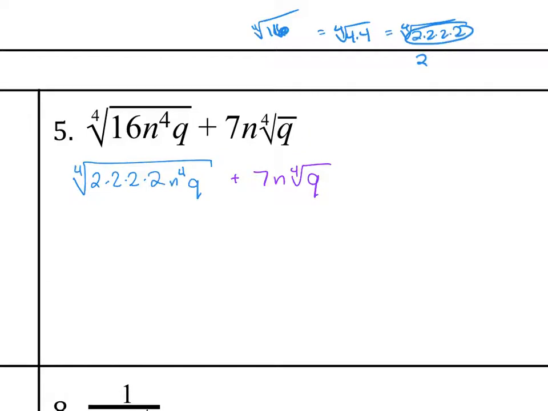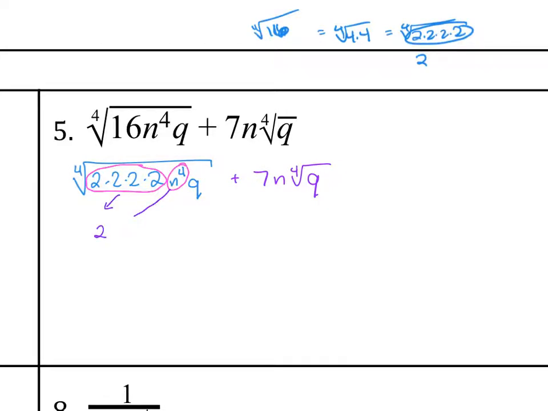So at the end, this left side that I'm working with should have the same exact radical, right? Same index, same radicand inside, because then I could add them. For our purposes, it will always work out. If it doesn't look the same, then go back and double check. All right, let's circle. We need 4 of everything because our index is 4. So that 2 comes out as a single 2.